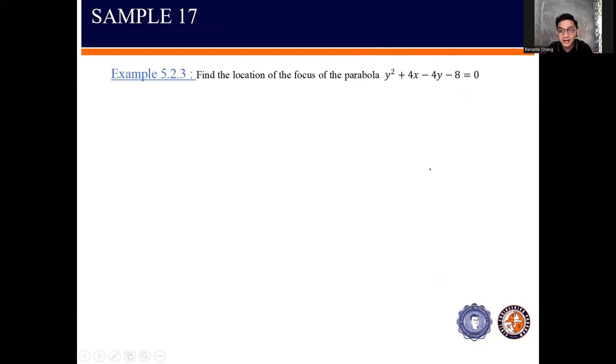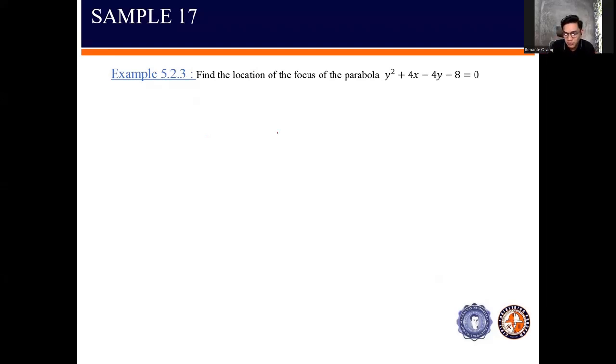Okay? So, ang gagamitin natin dito is completing the square pa din. Same sa ginagawa natin sa ating circle. Okay? So, find the location of the focus of the parabola y squared plus 4x minus 4y minus 8 is equivalent to 0.